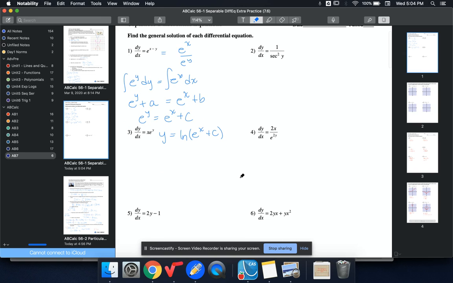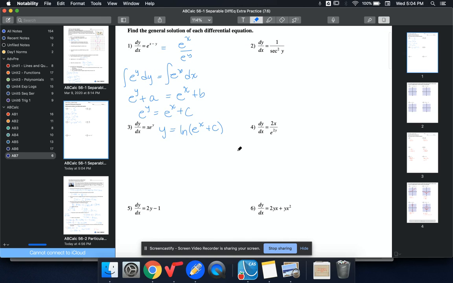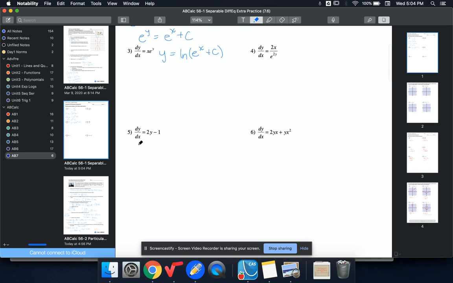Let's see what happens when I have something like, maybe let's try this one over here. So there are no x's, and I want the y's to be together with the y's. So I'm going to divide by this whole quantity.